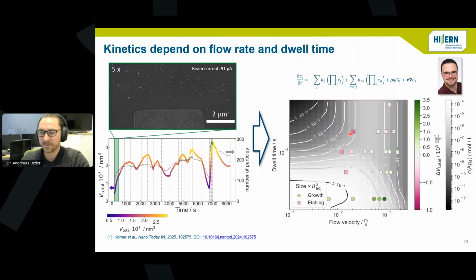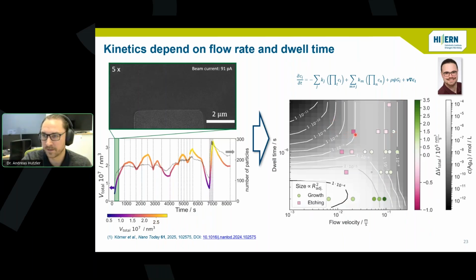When we now compare this to our simulation output, and what we did here is we modified our model slightly with a convection term by providing fresh liquid or fresh precursor.